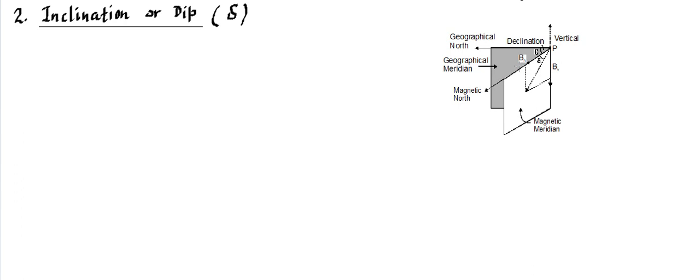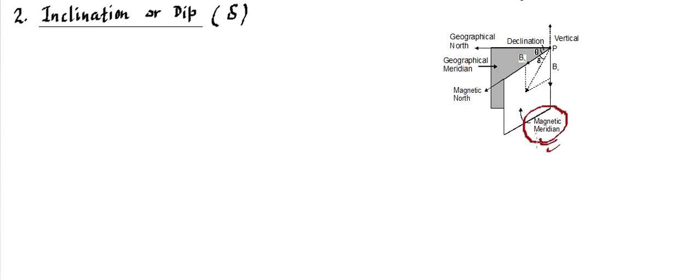Now we have defined this magnetic meridian for a purpose. Whatever the magnetic field is going to be because of Earth, that is always in the plane of this magnetic meridian. So the net magnetic field exists in the magnetic meridian. This magnetic meridian will let us know where the magnetic field is.